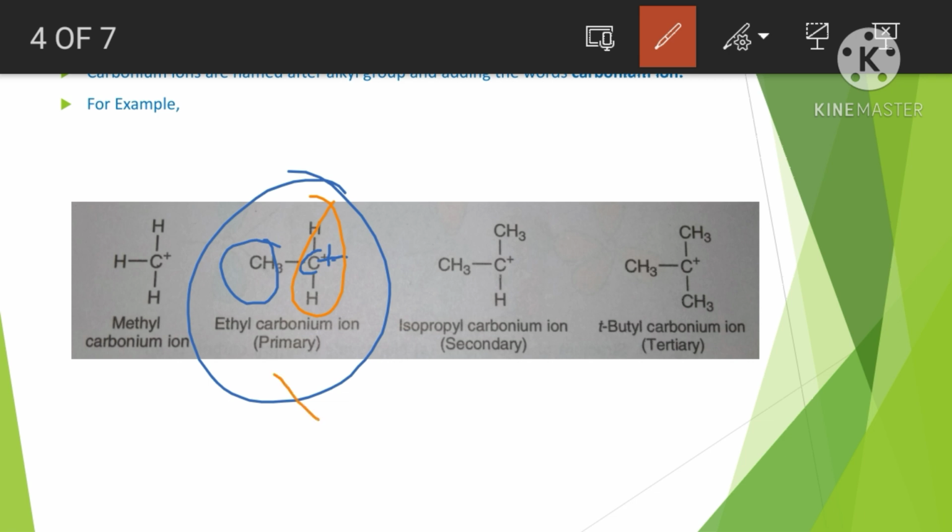That's why it is called primary carbonium ion. And here there are two methyl groups. That's why it is called secondary carbonium ion. And here three methyl groups are attached to the positively charged carbon atom, and that's why it is called tertiary carbonium ion. And the stability is increased by the positive inductive effect.